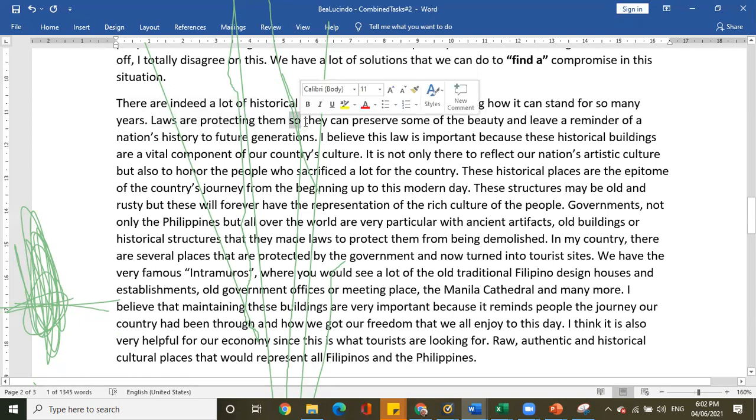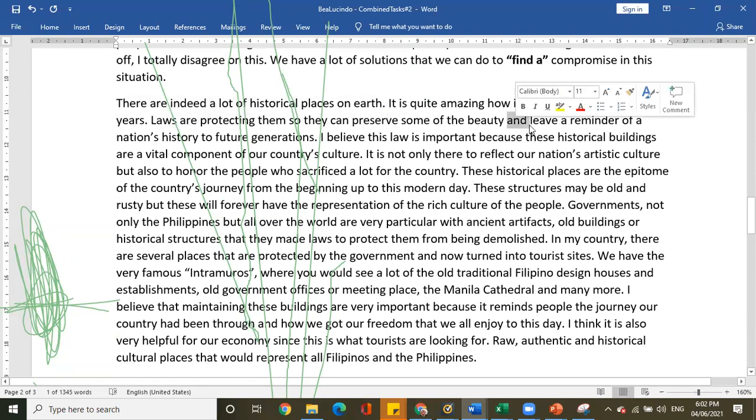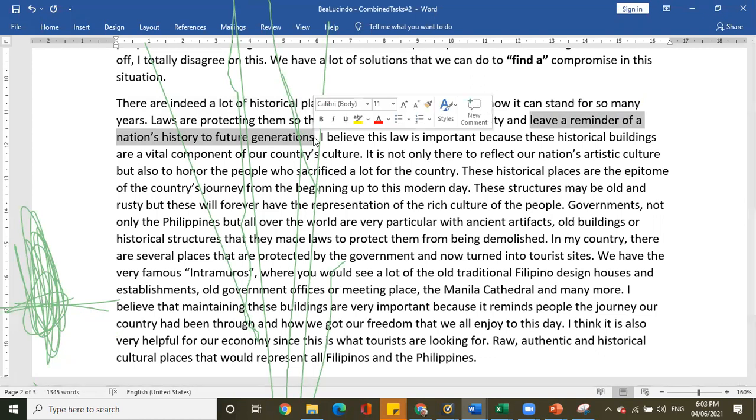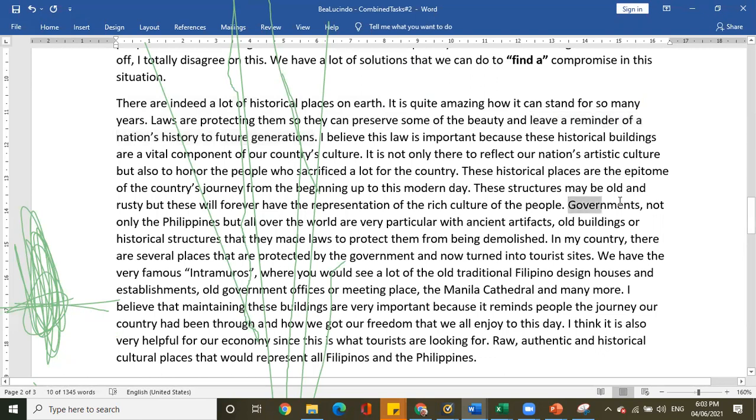So, and then they can preserve some of the beauty, another adjunct, and leave a reminder of a nation's history for future generations. Look at this. Governments, subject. And then the adjunct comes in, not only the Philippines, but all over the world. Do you see that? How she injected that?